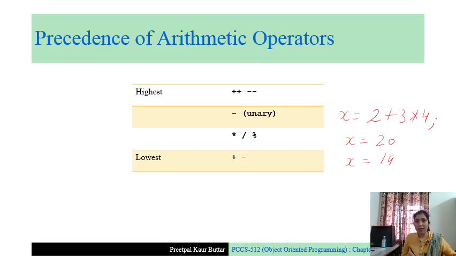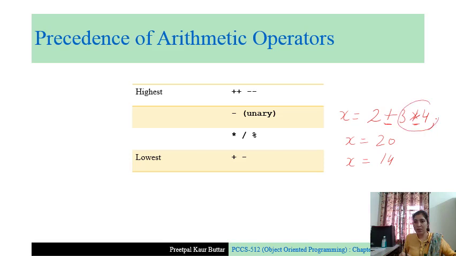In this table we can see that increment and decrement operators have the highest precedence, then the unary minus, then multiply, divide and modulus operators, and the lowest precedence is given to plus and minus. It means that in this expression plus has lowest precedence and multiply has higher precedence.